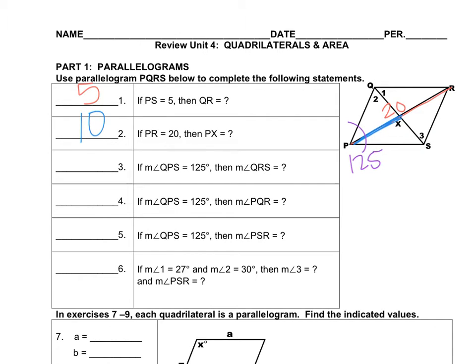Remember, opposite angles in a parallelogram are equal. That is the second property on your paper. Opposite angles are congruent. So since these are opposite angles, that is also 125.